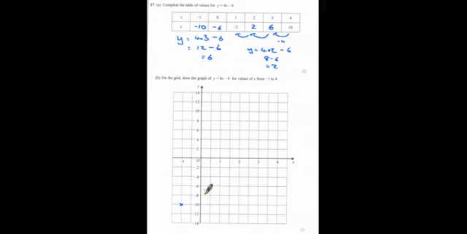We then have 0, -6, and 1, -2, 2, 2, 3, 6, and 4, 10. The check of all of this is to take a straight line, and if we can draw it through all our coordinates, then we can be pretty sure we have the right answers and the box is completed correctly.